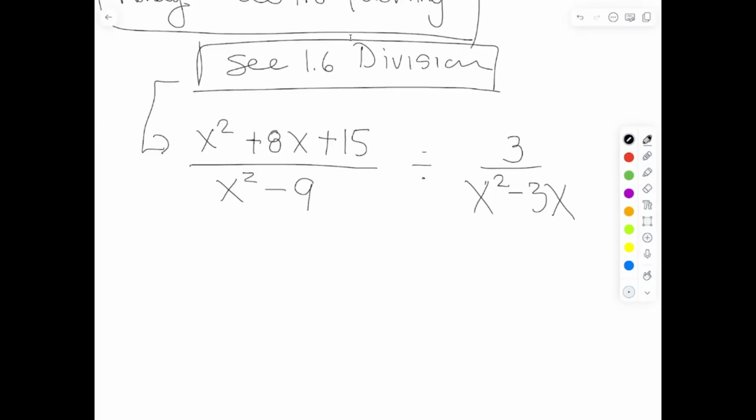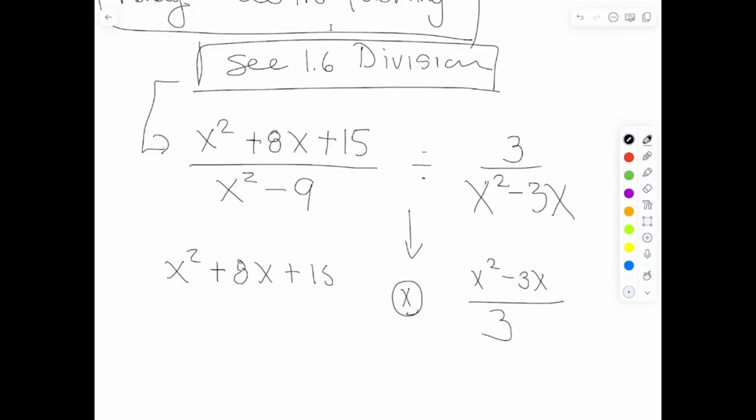One of you said earlier, change the sign and flip the fraction. So in this case, you change the sign and you flip the fraction. This is for Monday.